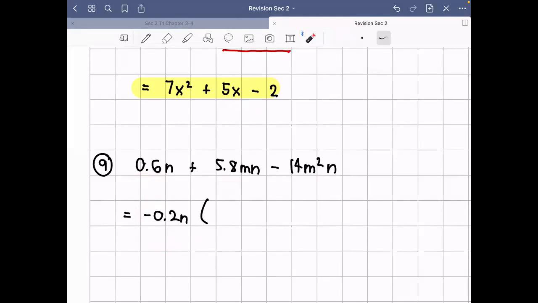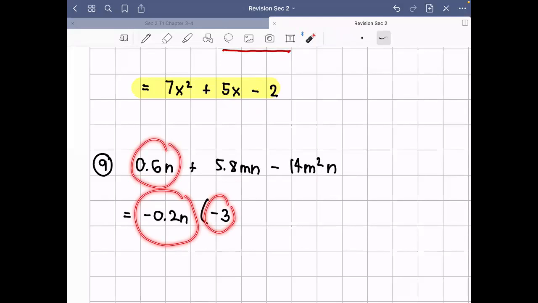So what do we get when we divide 0.6 by negative 0.2? We get negative 3. So this divided by this, you'll get negative 3. Is that clear? Use your calculators.